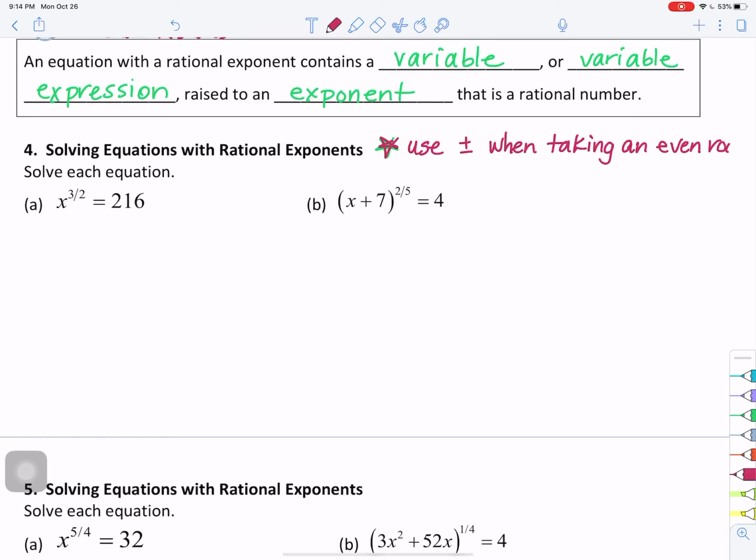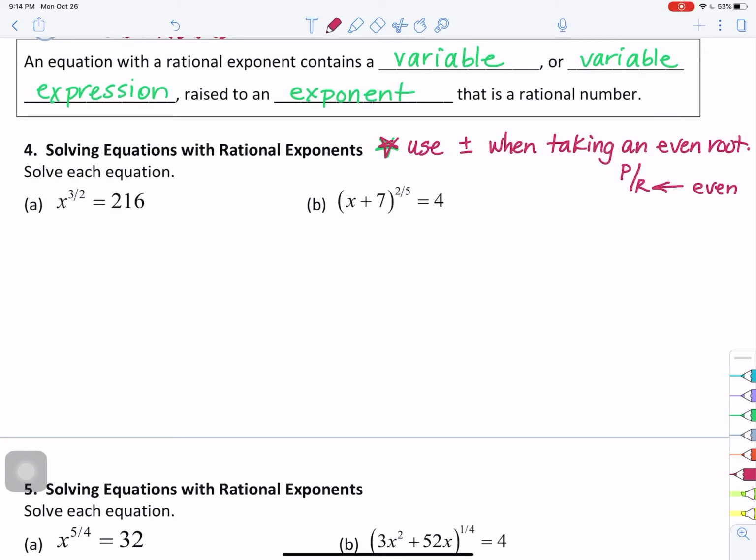Sometimes you don't realize you're doing it. Remember, these rational numbers that are exponents are power over root. So it's this root that, if it's even, we need to use plus or minus.